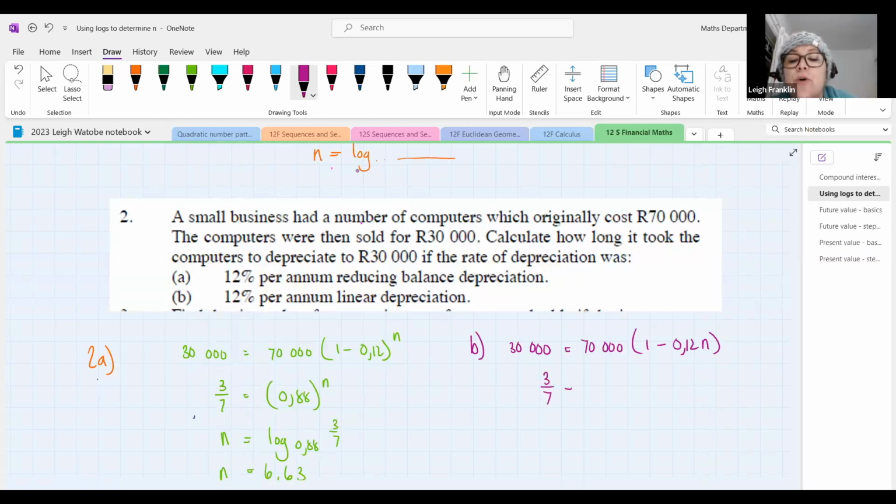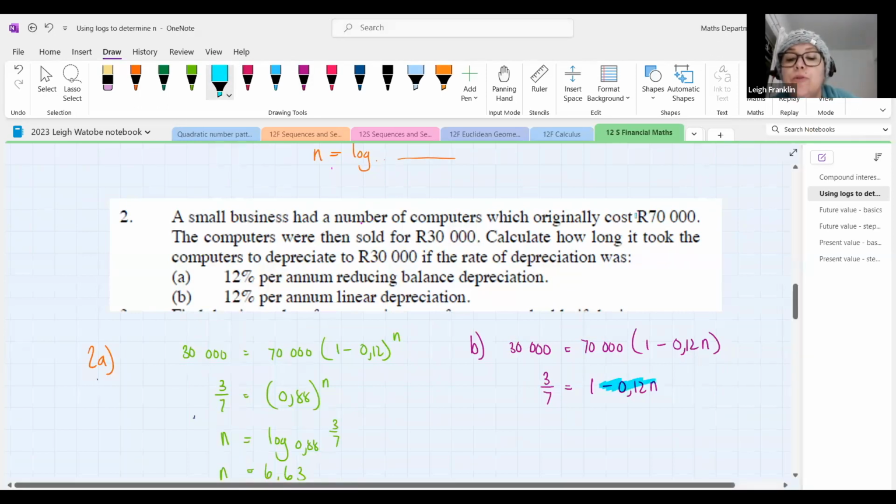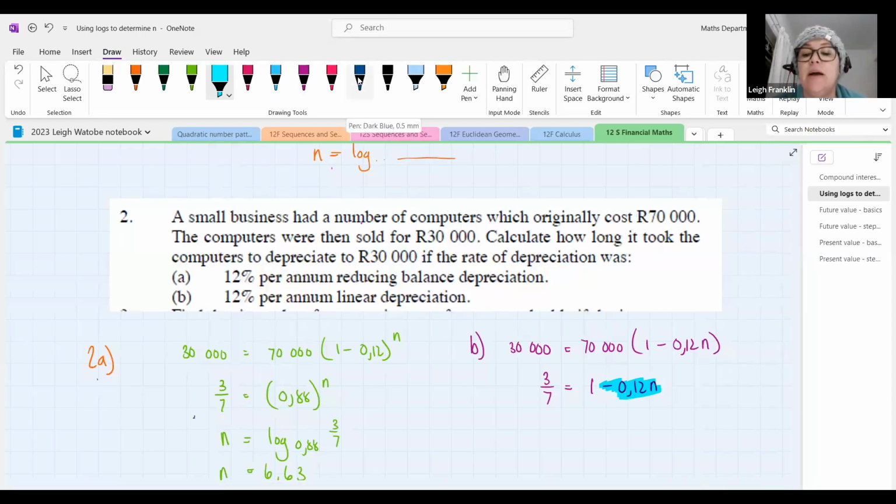You'd still get your 3 over 7. And then here, 1 minus 0,12n. The easiest thing for you to do here is to transpose that over to the other side. So you've got 0,12n equals 1 minus 3 over 7.